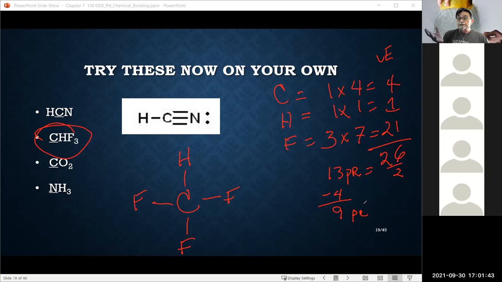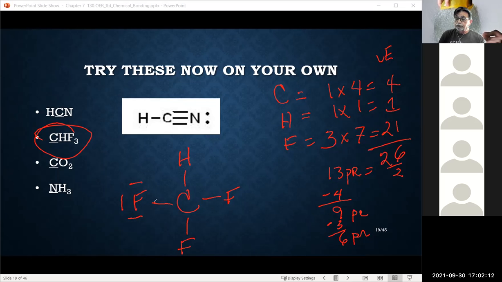So what is the logical place for the 9 pair? I can't just leave them alone. Where must they go? They have to go on the fluorides. That's the only place they can go. So I'm just going to start on one. So here you go. 1, 2, and 3 pairs. Can I put any more on the far left fluoride?